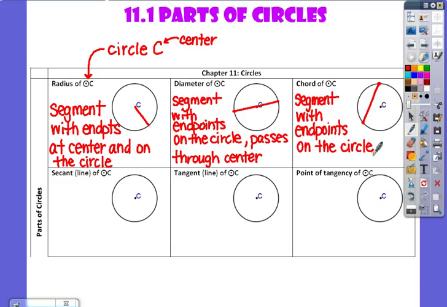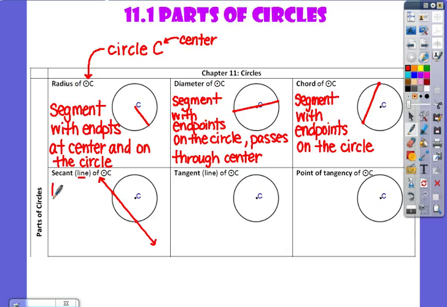And this next one, you'll see that it says line, so a secant. It's a secant line of circle C. It's kind of like if you took a chord and extended it infinitely and made it a line. So just the segment on the interior of the circle will be the chord, but if you extend it infinitely, then it's called a secant line.